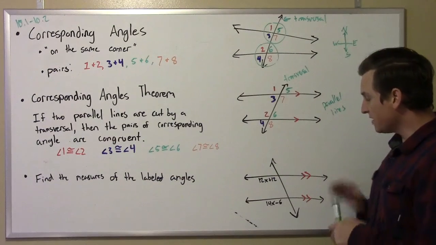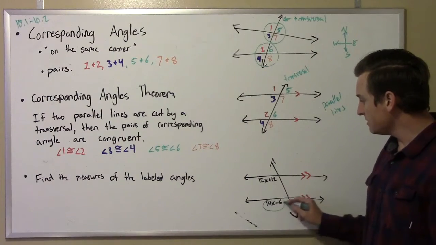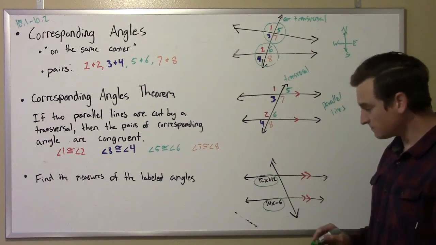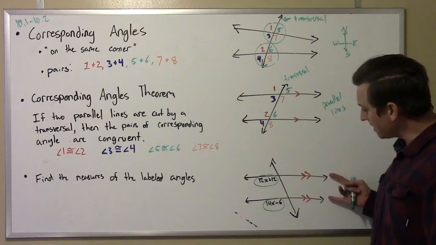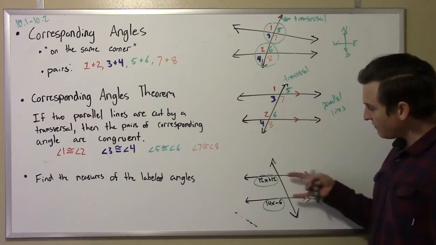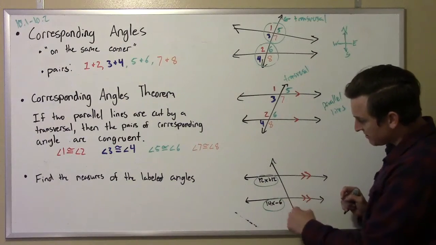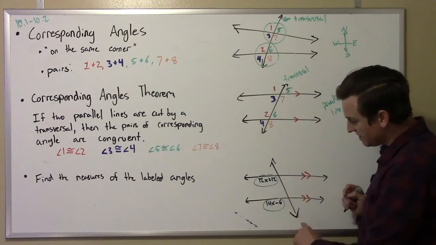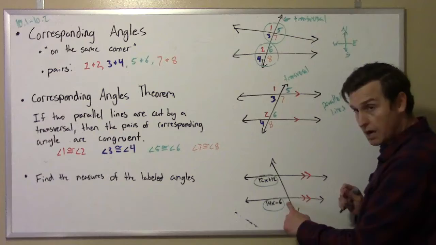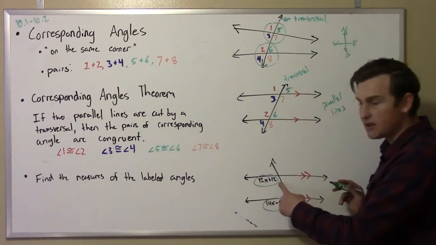Okay, so when we look at the figure, we notice that we have this angle and this angle right here. We also notice that these are parallel. So we have corresponding angles because they're both on, again, think of this as an intersection. Like this is a street going through, this is a street. This is on the southwest corner of the street, this is on the southwest corner of the street.